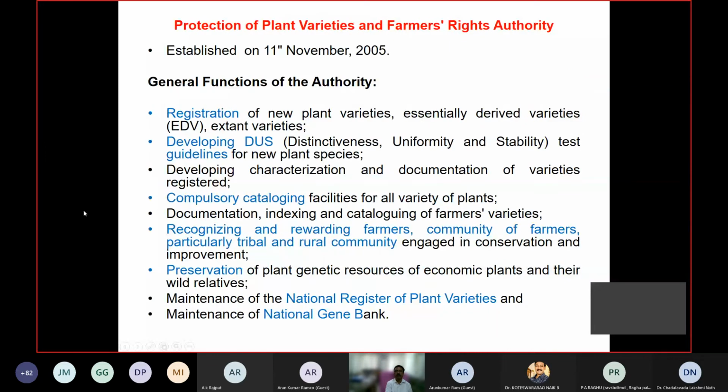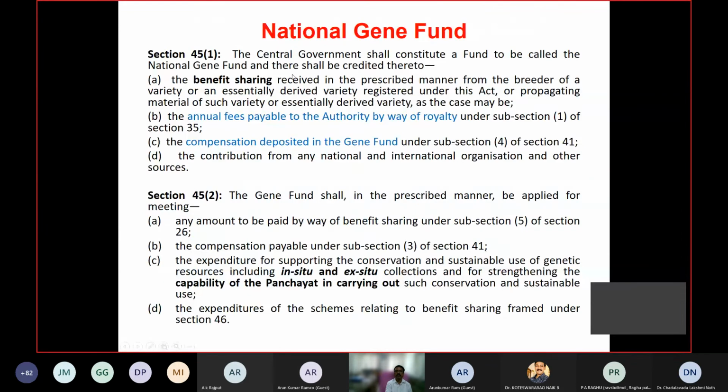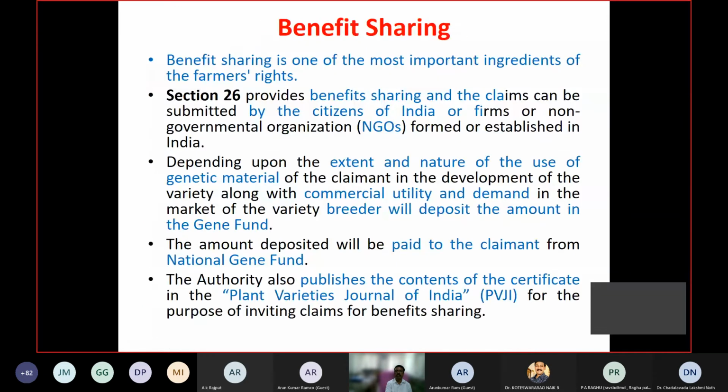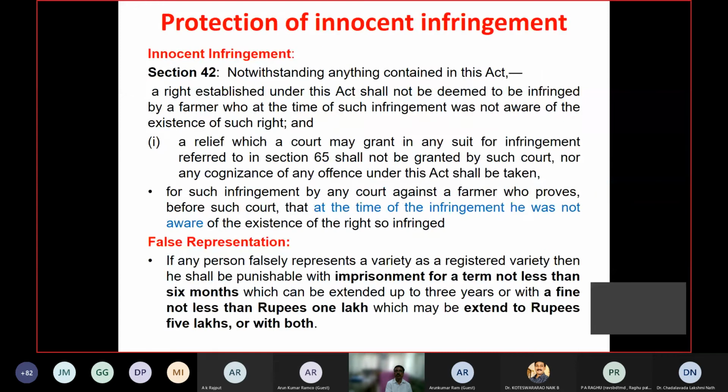The Plant Variety Registering Authority was set up in 2005. Various registration facilities have been provided, and a National Gene Fund has been set up. Wherever benefit sharing happens or any compensation has to be given to the farmers as per the existing laws, this takes care of these benefit sharing issues.